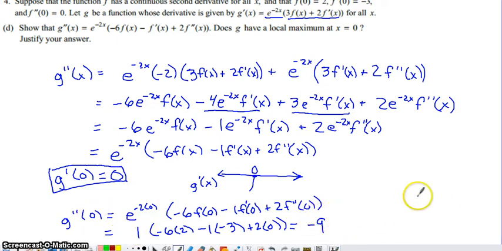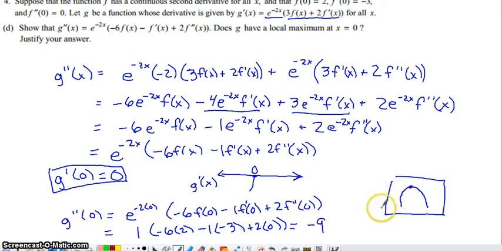So if we have a stationary point and we're concave down, our graph is going to have to look like this: a stationary point at 0, a horizontal tangent line, and concave down at and around 0 because of the negative second derivative. Because the first derivative is 0 and the second derivative is negative, the only way that the function can look at the x value of 0 is like this, and that would indicate a local maximum at 0.